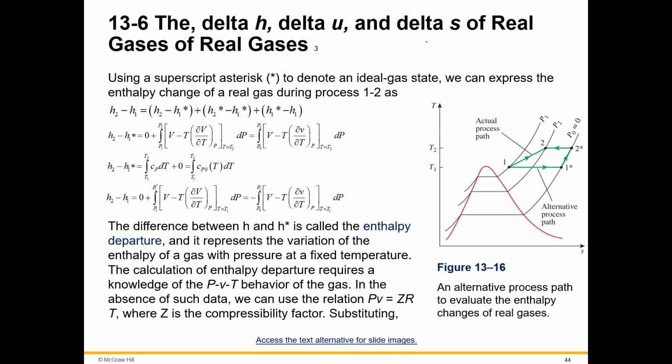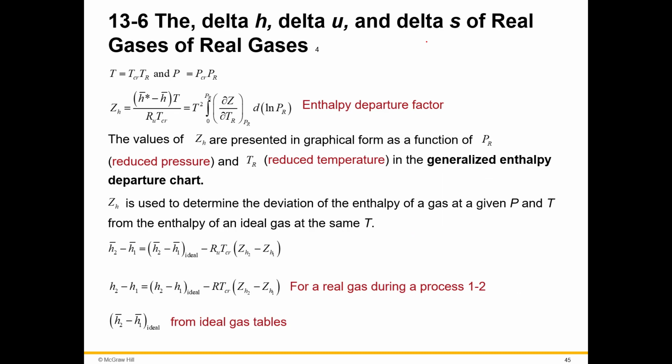The calculation of enthalpy departure requires a knowledge of the PVT behavior of gas. In the absence of such data, you can use the relation PV equals ZRT, where Z is the compressibility factor. And so substituting those, you can get the enthalpy departure factor right here.